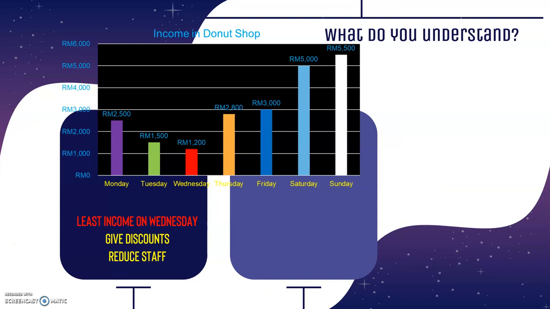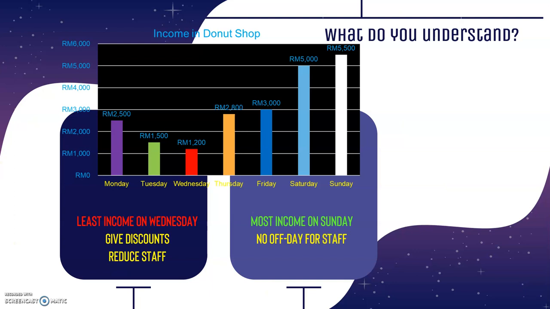That is the first interpretation and also the actions that can be taken based on the interpretation. For the second interpretation, you can say that I received the most income on the weekends, Saturday and Sunday. So from this interpretation, what should I do?